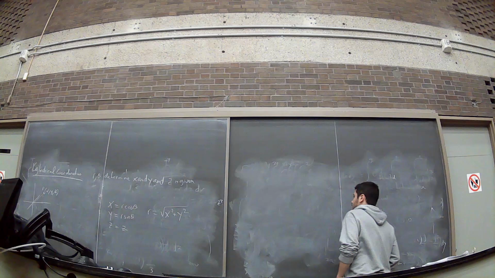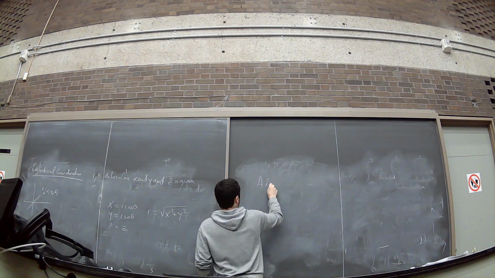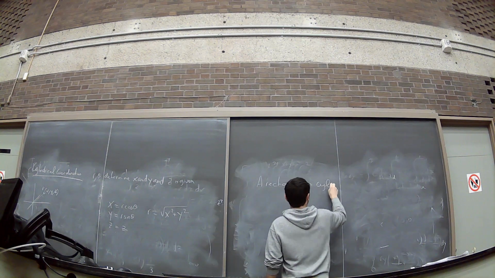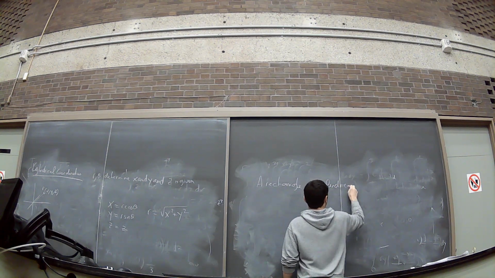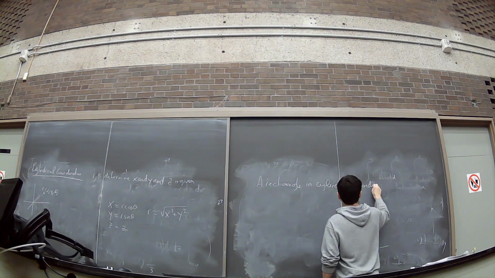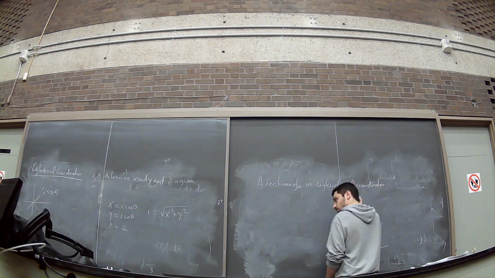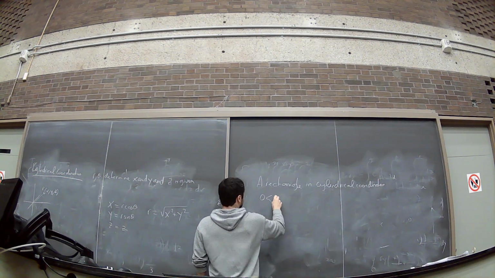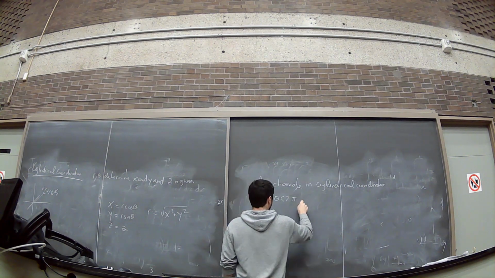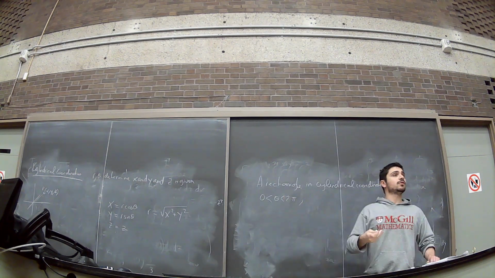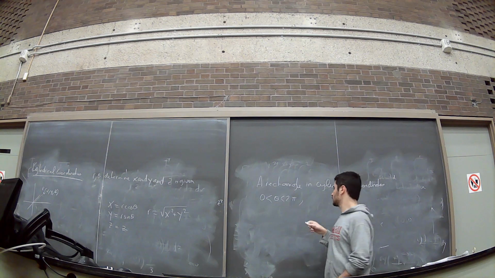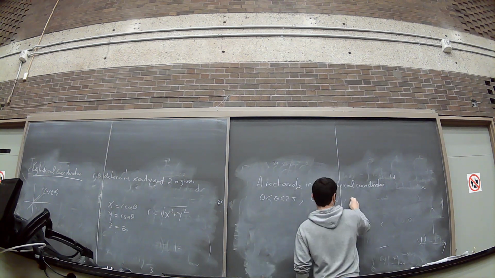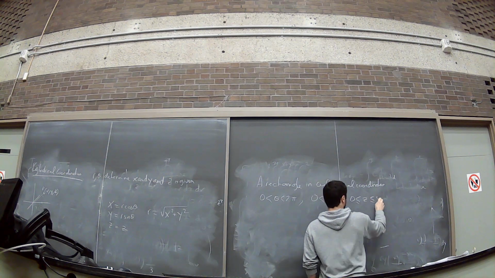What's a rectangle in cylindrical coordinates? Let's pick an example: theta from 0 to 2π, r from 0 to 1, and z between, let's say, 0 and 5.